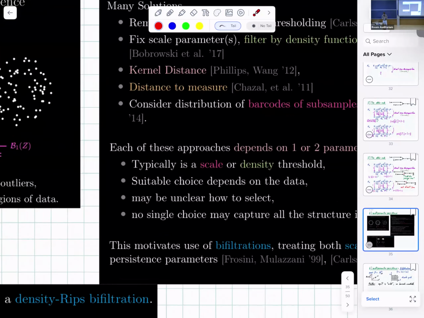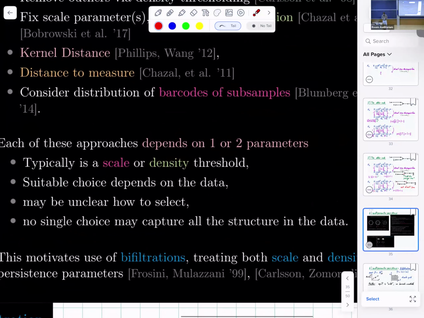Most of these approaches depend on some parameters. Often they depend on two parameters, and that dependence on two or more parameters motivates that we use bifiltrations. Yeah, filtration not only by one parameter but by two parameters.